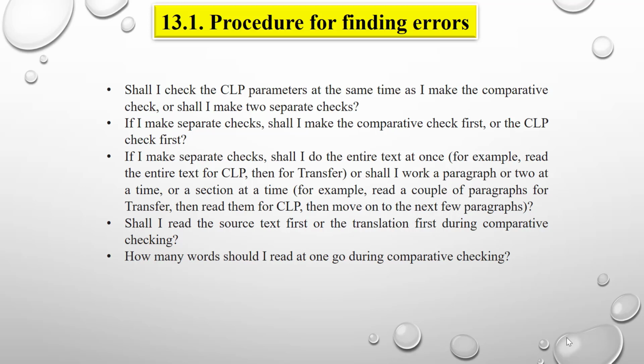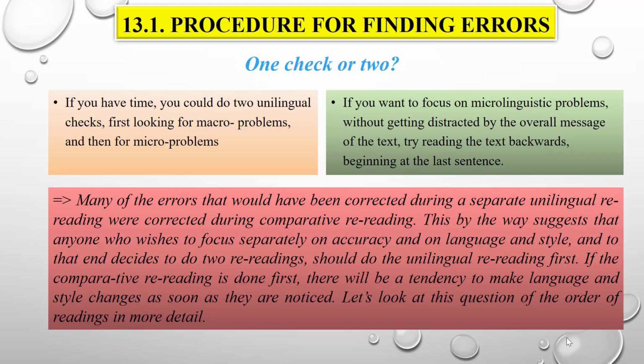Shall I read the source text first or the translation first during comparative checking? And how many words should I read at one go during comparative checking? These 5 questions will be considered in the sections that follow. So the first one is one check or two.